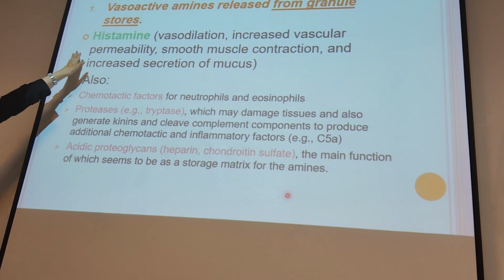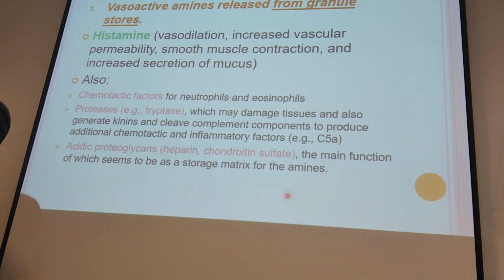Okay, about mast cell mediators, I told you that some of them are ready. For example, histamine. What are the effects of histamine? You may recall it from inflammation. For example, dilation of vessels, increased permeability of vessels.